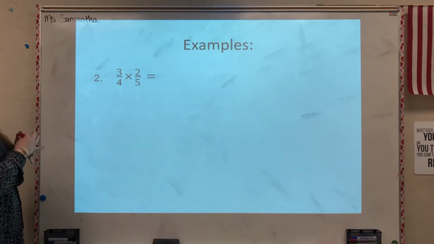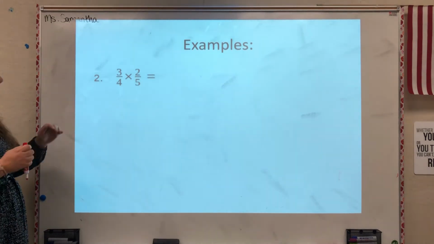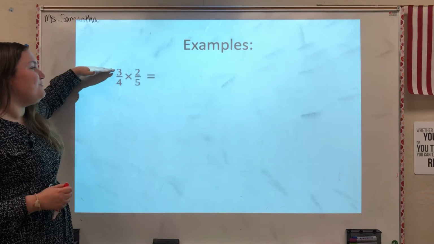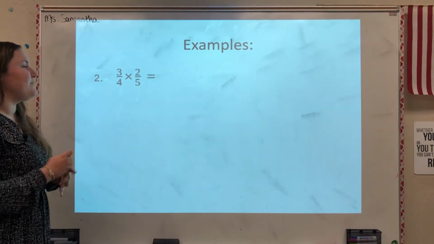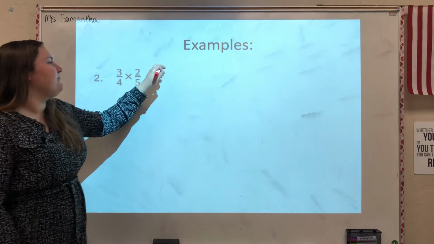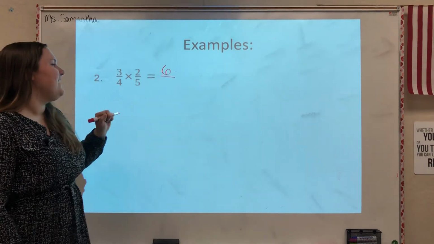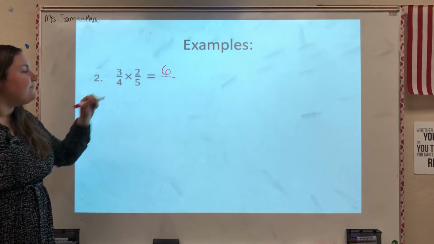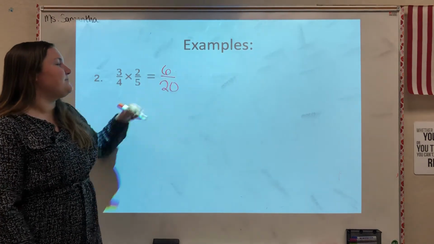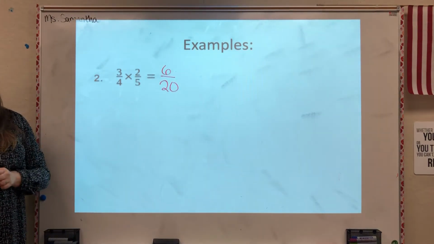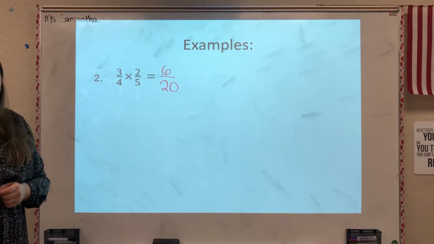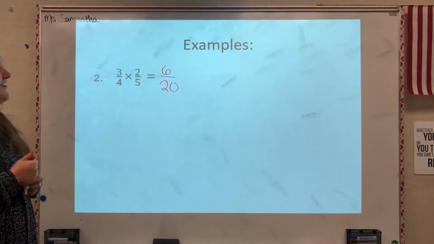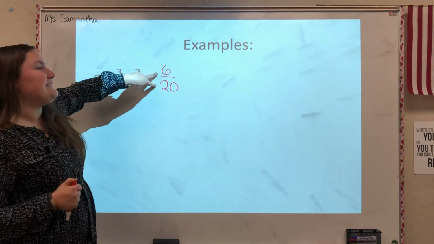So when we go to multiply these, our first step is going to be to multiply the numerators together and multiply your denominators together. So when I do that, we get 3 times 2, which is 6, and 4 times 5, which is 20. Final answer? Hopefully you're saying, no, Samantha, that is not our final answer because we have to simplify. So our next step would be looking at these numbers.